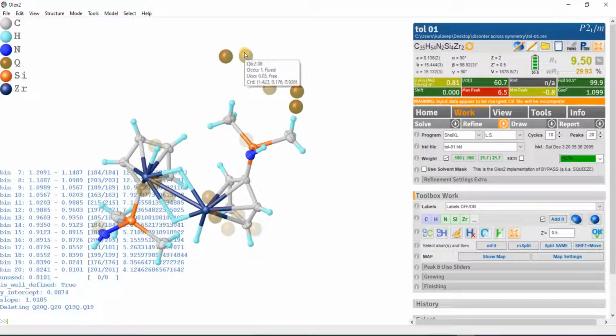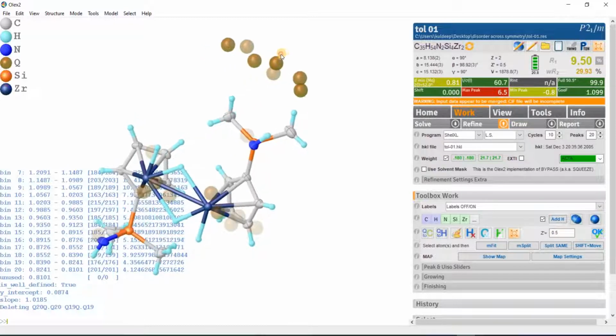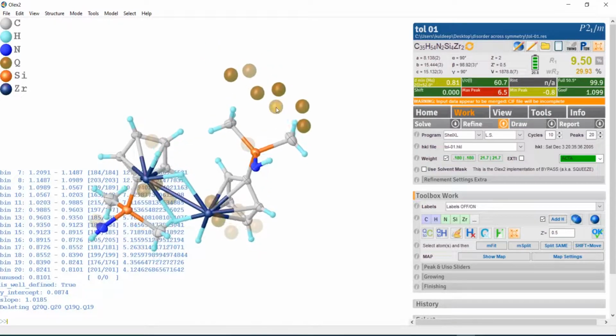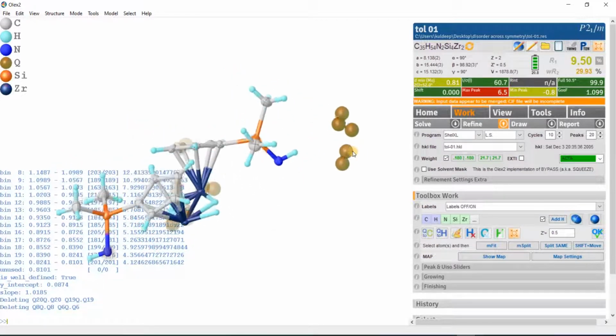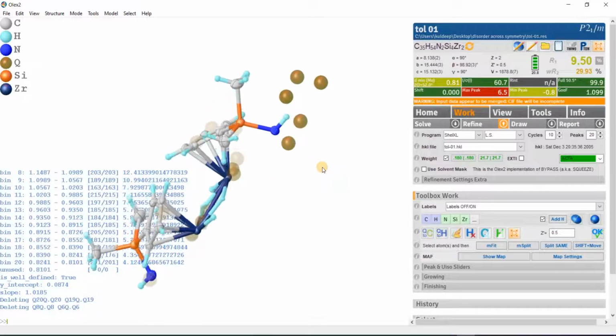These two electron densities are around 2 electrons, which is significantly less than these 5 electron densities, which are almost 5 or 6 electrons. If I delete these, I get this type of electron density in the lattice.